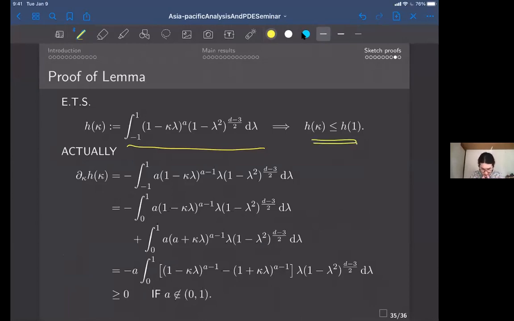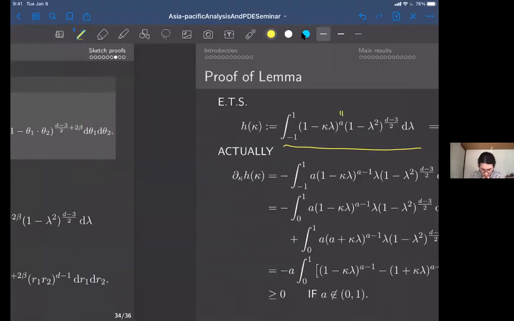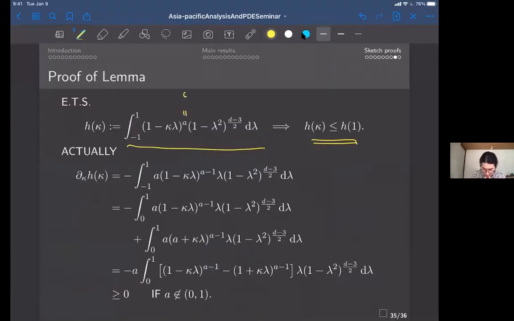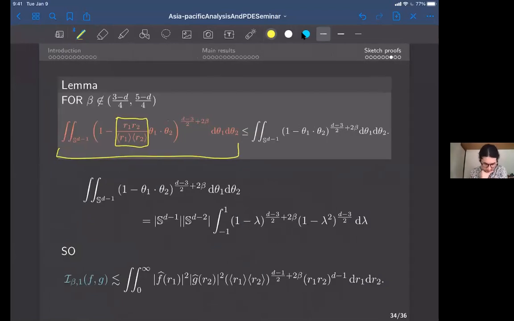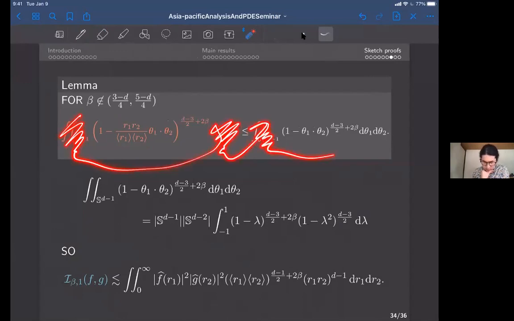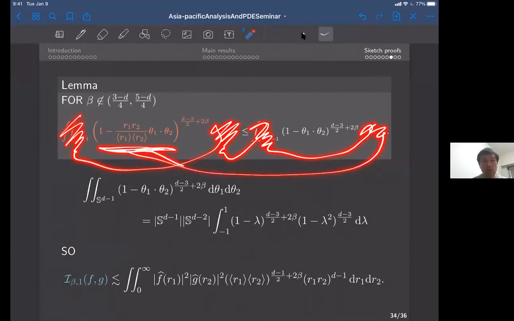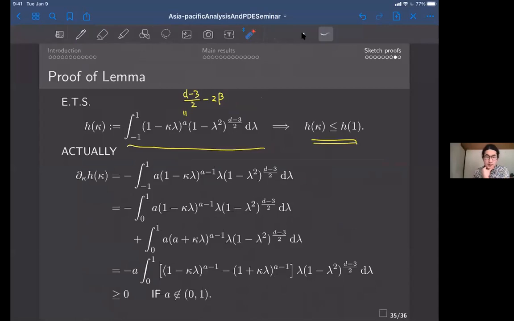So this A is the power, this thing: d minus 3 over 2 minus 2 beta. If you differentiate it, it's not true that if you ignore the integral you can say this thing is uniform. This is why you need the integral. Then just differentiate it.